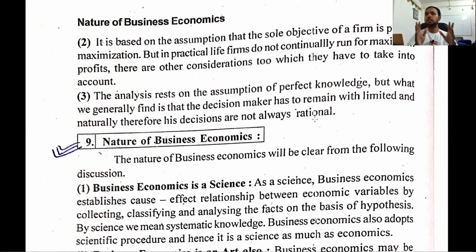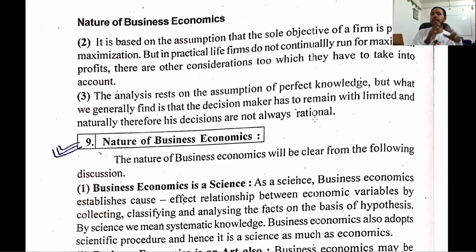But if we go through the theories that have been made, there are certain conditions: if the work is done this way, then we will get this result. If the situation of the business is like this and you adopt this kind of theory, you will get this kind of result.